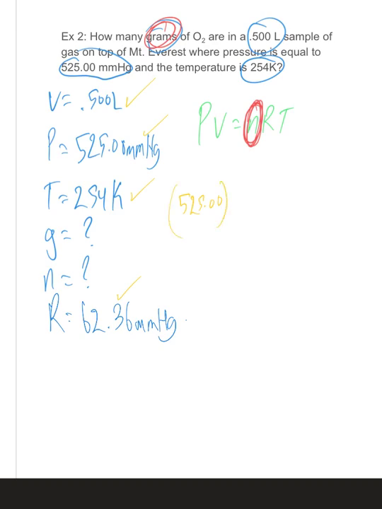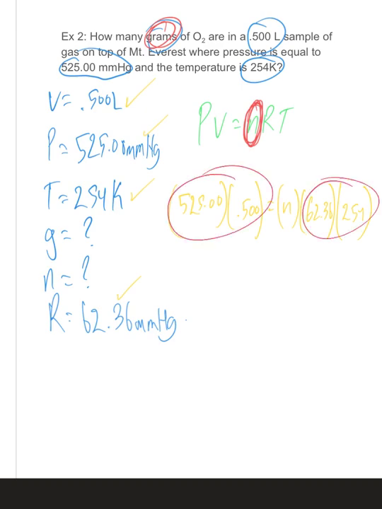So P, which is 525.00, times volume, which is 0.500, equals n, that's what I'm looking for or solving for, times R, 62.36, times T, which is 254. Okay, so now I'm going to simplify and solve for n algebraically. First thing I'm going to do is simplify both sides of the equation by multiplying those values together.